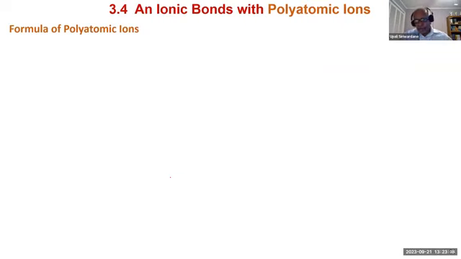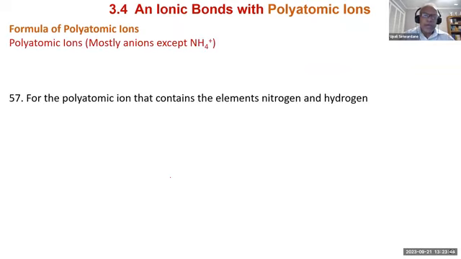Now we're going to name some of the polyatomic ions. All the polyatomic ions are anions, except ammonium ion. Ammonium ion is NH4+.